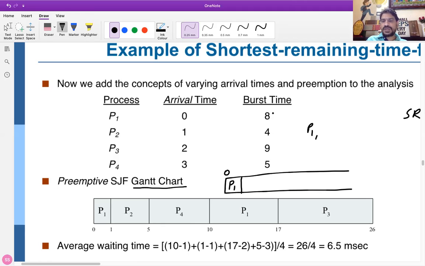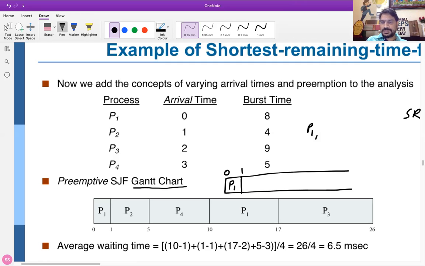We cannot compare one burst time with another, because we have only one. So anyhow, we have to take P1 into the CPU for at least 1 unit of time.